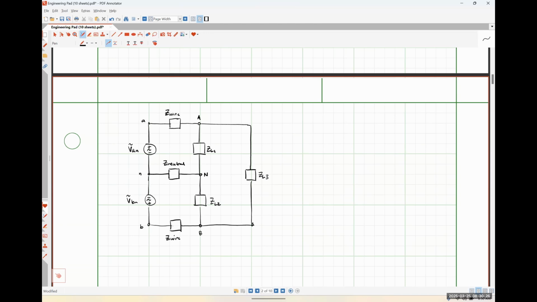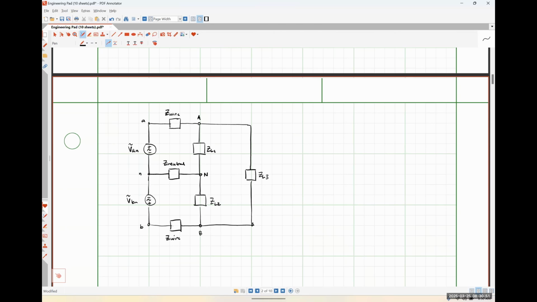So this system is a bit more complicated. And because we have all of these impedances like this, we're not going to be able to tackle it as easily as we did where all of our wire impedances were considered to be negligible, right?